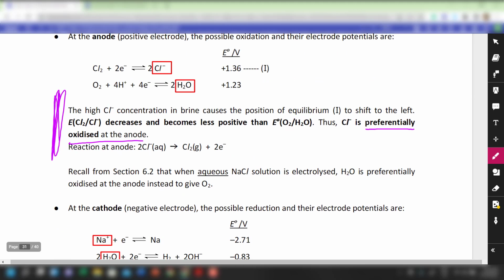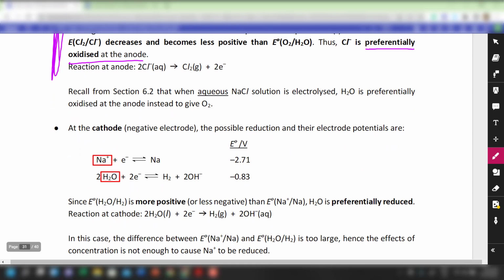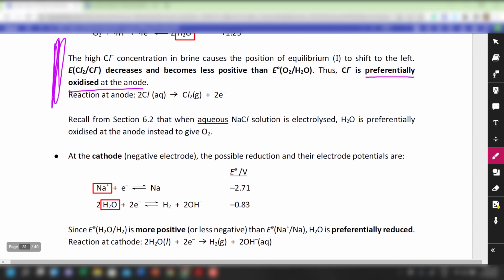So in our case here, chloride will be preferentially oxidized at the anode to give us chlorine gas instead of water being oxidized to give us oxygen. At the cathode it is the same thing: water will be reduced to give us hydrogen gas.